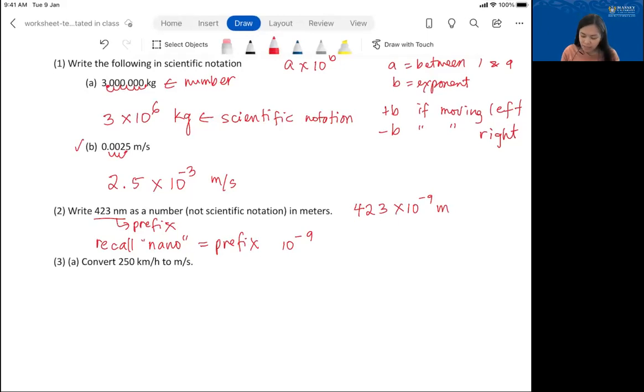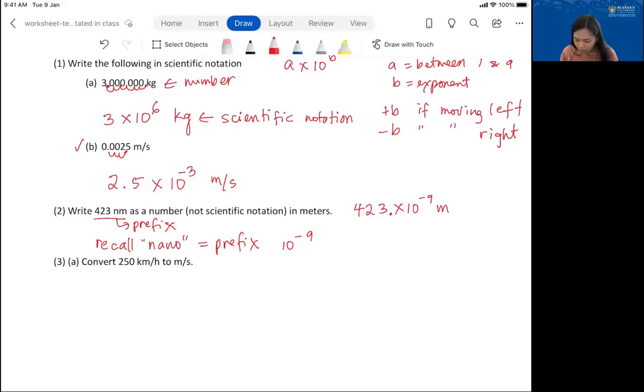Yeah, so it's a minus 9, it's a negative exponent, so that gives you a clue that the resulting number should be very small. It should be less than 1. Okay, so you move the decimal place of 423 so that you'll end up with a number that is less than 1. Move it 9 spaces. Yeah, 423 is a whole number. It's implied the decimal place is at the end.